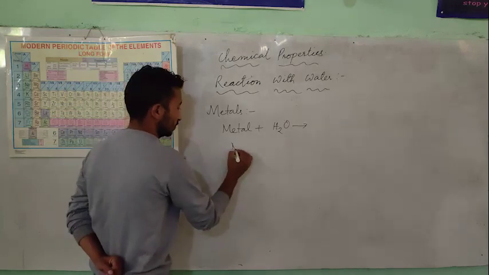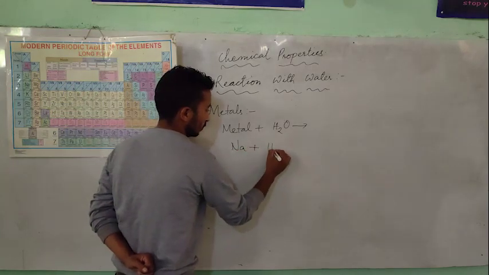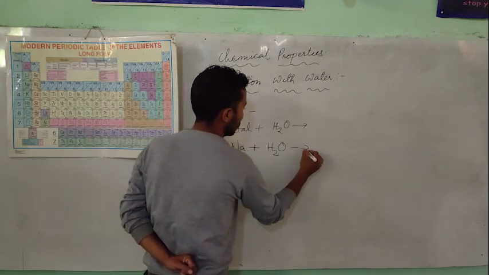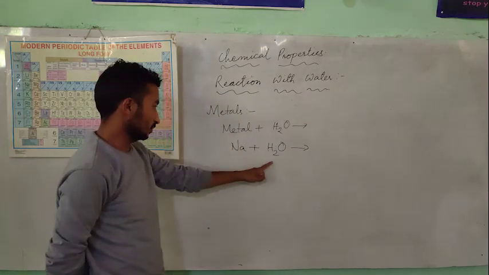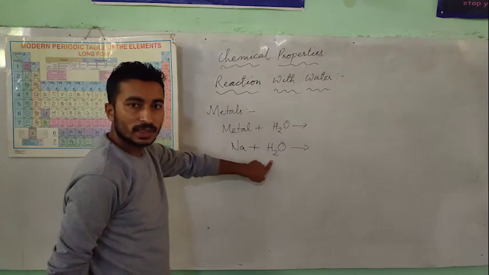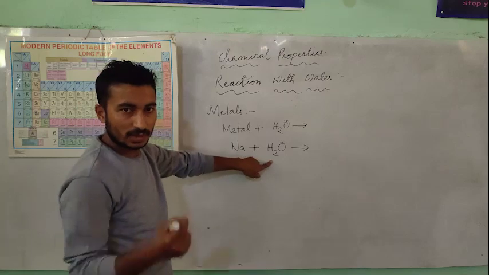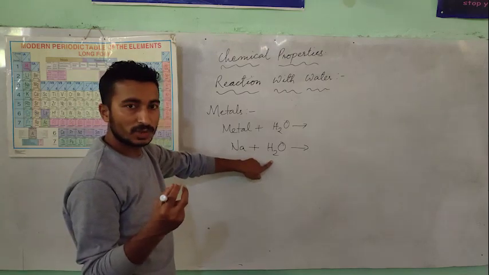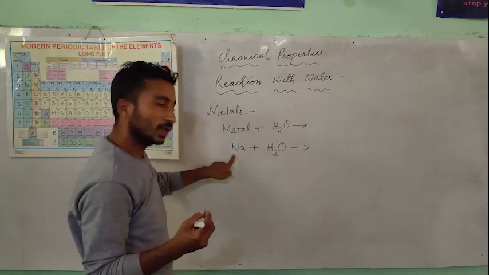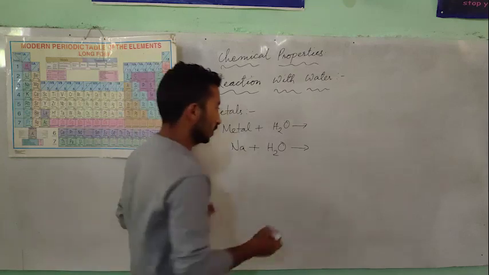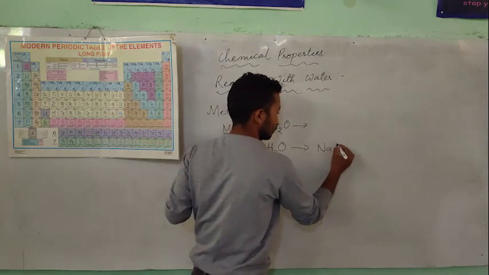Let's say sodium. When you put sodium in water, it produces a hissing sound, which means there is a sound like burning. When sodium reacts with water, it forms sodium hydroxide.